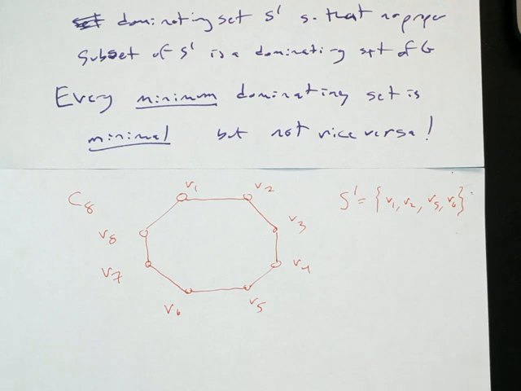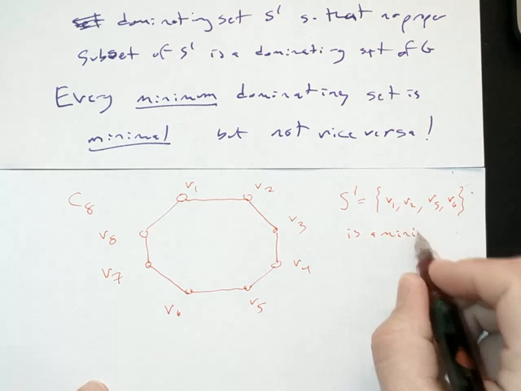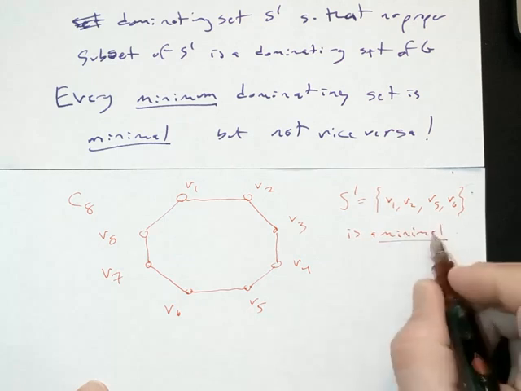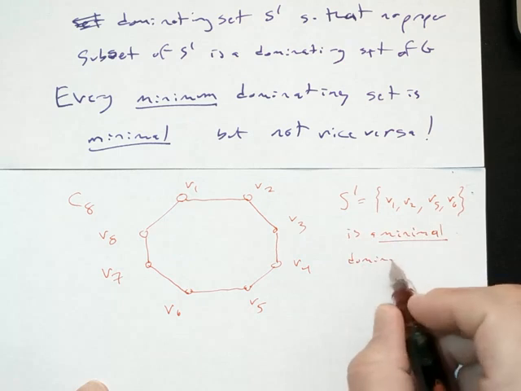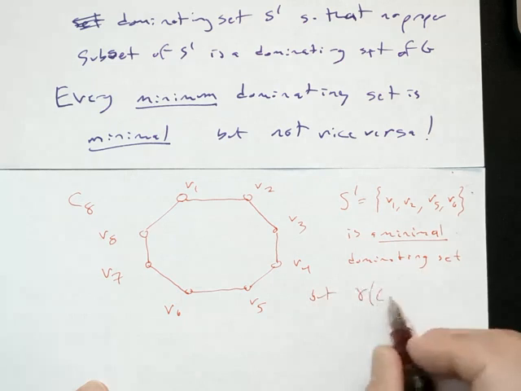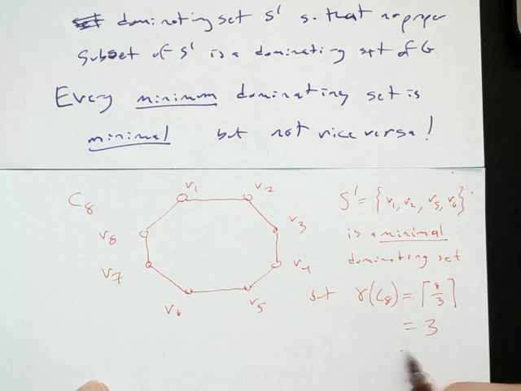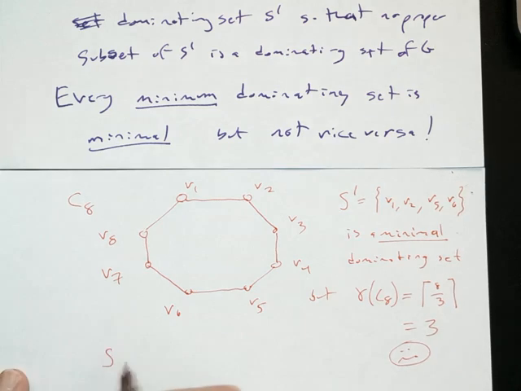So this is a minimal dominating set, but it's not minimum. Find for me a minimum dominating set.